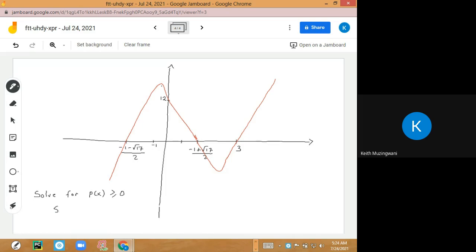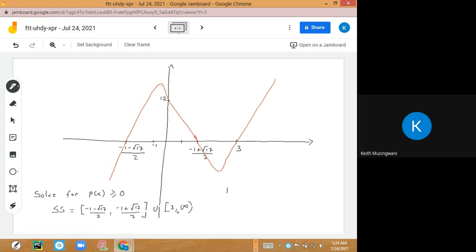In this case, our solution set from the graph starts from -1 minus root 17 over 2 all the way up to -1 plus root 17 over 2, closed here, union, start at 3, going to infinity. So we just pick the intervals that give us the curve on the positive y, meaning above the x-axis.